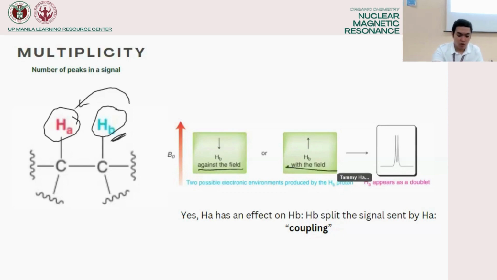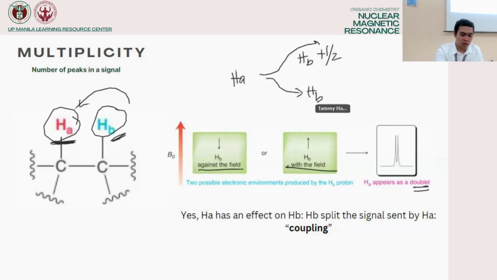That's why it's a doublet. So HA's signal can be HB plus 1/2 or HB minus 1/2.